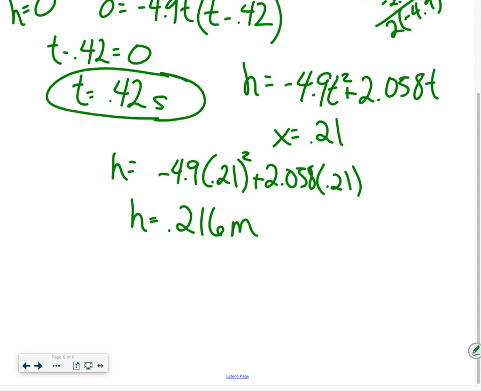That's in meters. We got both of our answers on there, because that tells you how high it went, and this tells you how long it took before it hit the table. So I think 1, 2, 3, and 4 are similar to that.